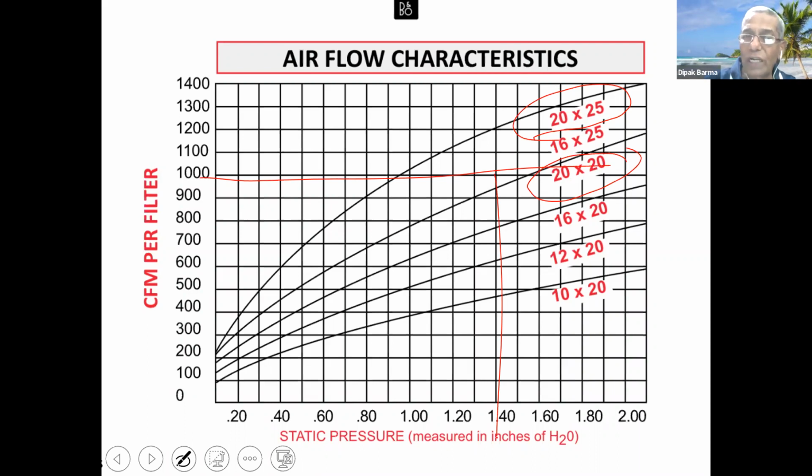You can do your selection and accordingly select your static pressure for the exhaust blower. These pressure drops have to be taken care of by the exhaust blower. See, the important aspect is if you consider that 1.4 inches or 2 inches of air pressure is there, that means this much negative pressure is there in the exhaust duct.